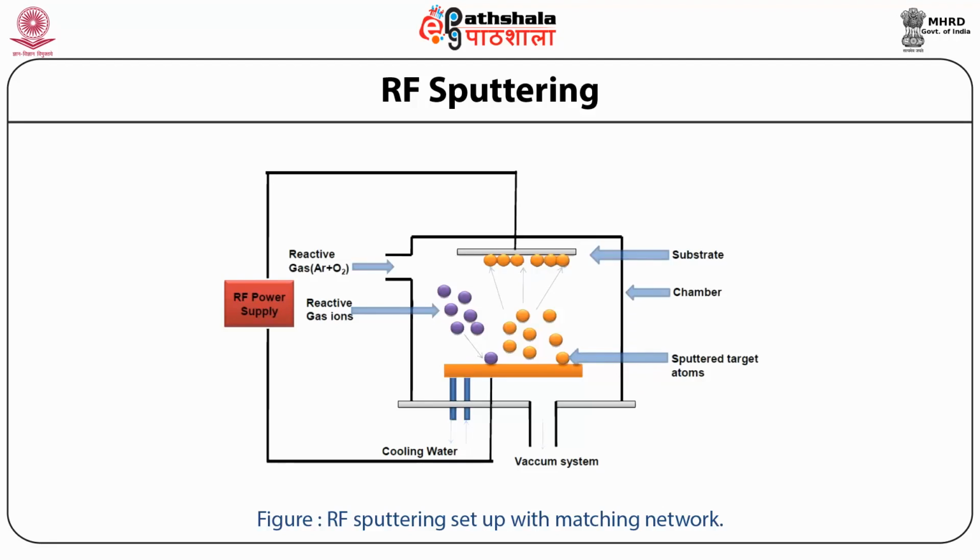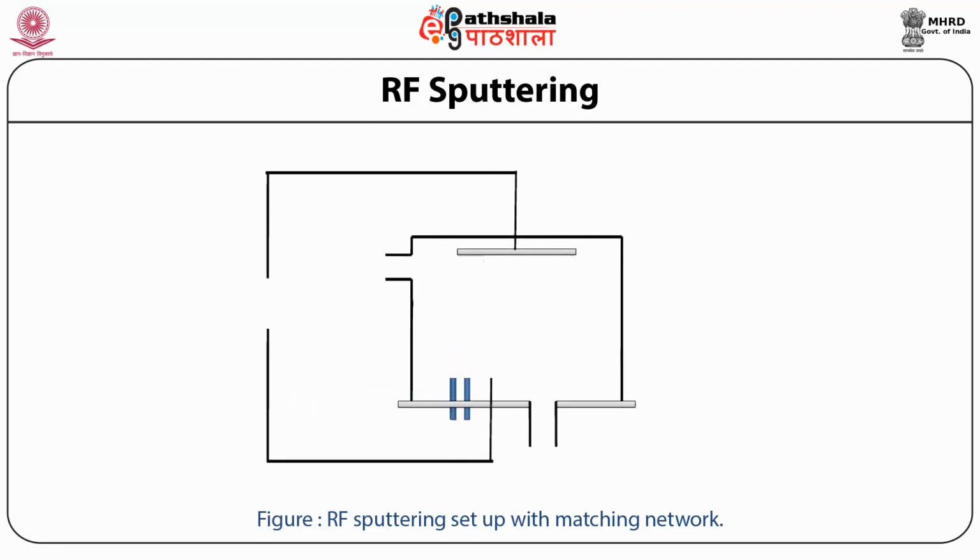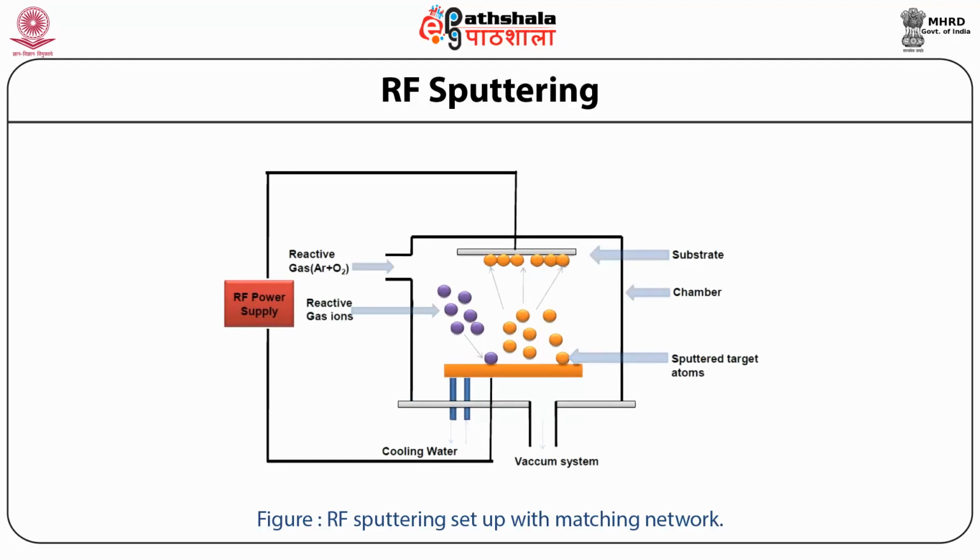Then there are reactive gas ions and the reactive gas inlet, which is usually a mixture of argon and oxygen for the deposition of metal oxide thin films. And since it is RF sputtering, there is an RF power supply. Now, to keep the target holder cool, there is an inlet and outlet of water.